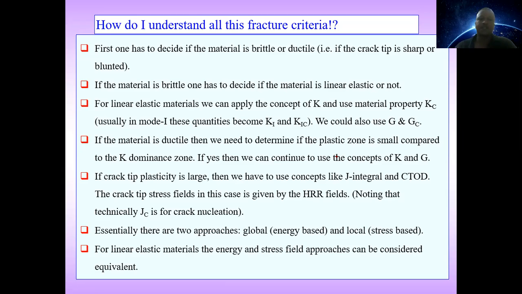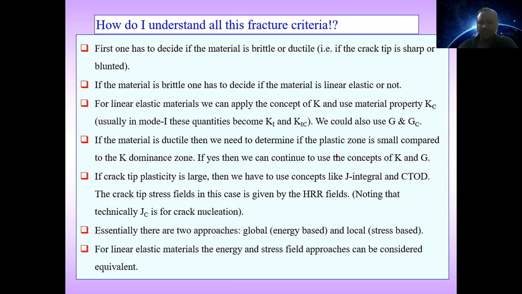The crack tip stress field in this case is given by the HRR fields, noting that technically JC is for the crack nucleation. Essentially, there are two approaches: global and local approach.